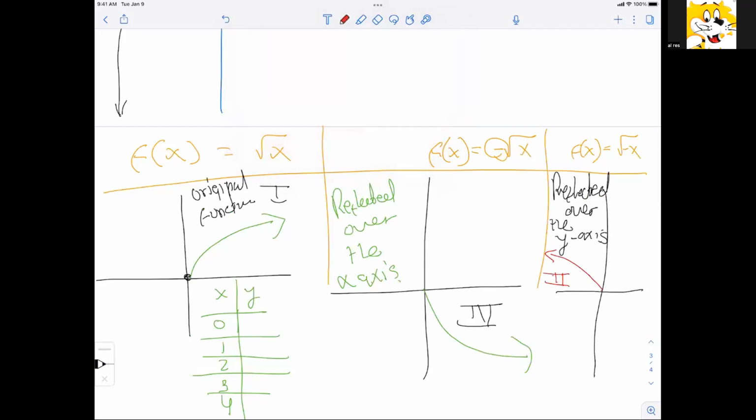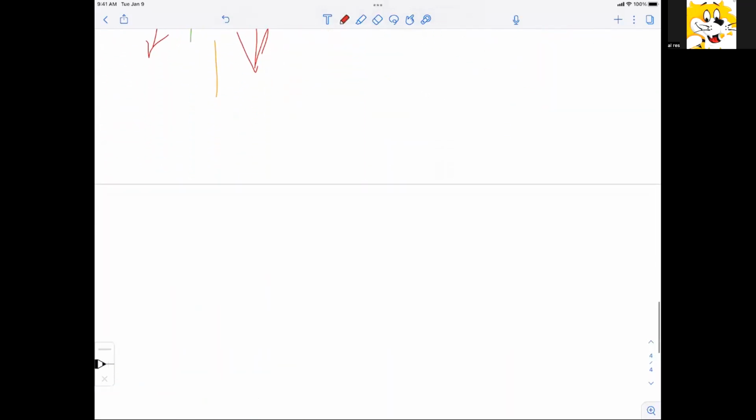And then this brings us to the next topic, the absolute value. So for the absolute value, we have f of x is equal to the absolute value of x. And we know if we graph this, it's going to look something like this.